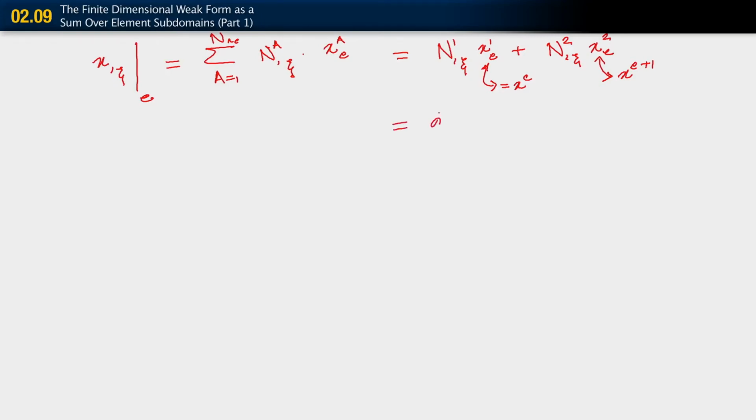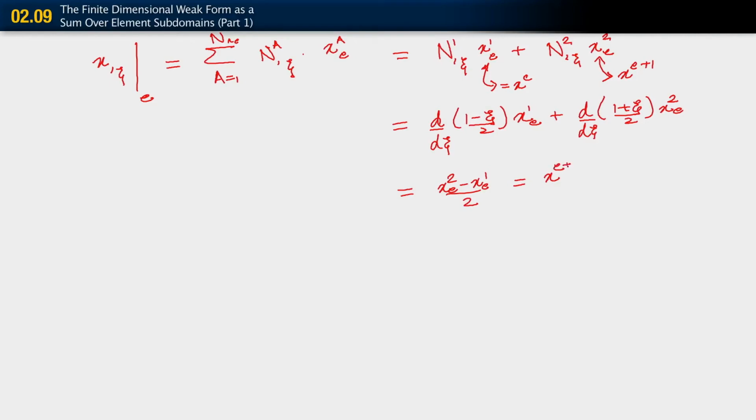That is just d/dc of (1 minus c)/2 times x_1^E plus d/dc of (1 plus c)/2 times x_2^E. Carrying that out, we get (x_2^E minus x_1^E)/2, which is also (x_{E+1} minus x_E)/2.